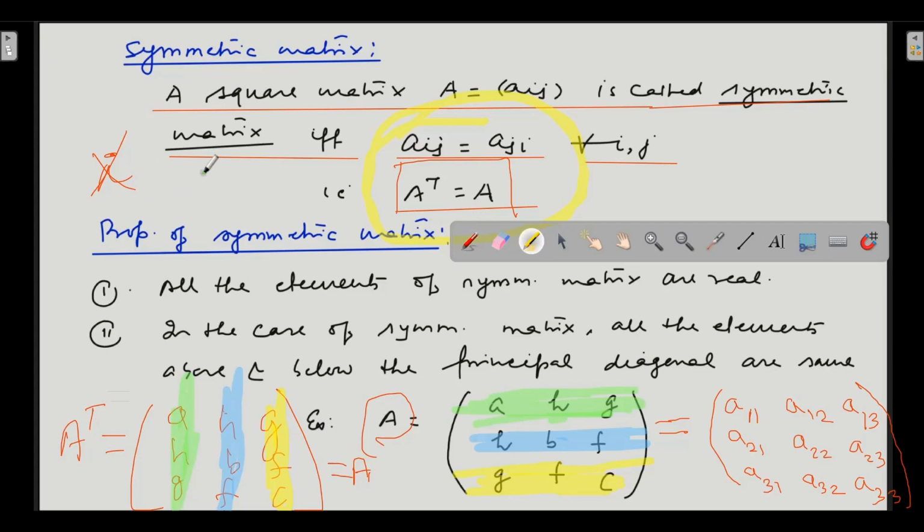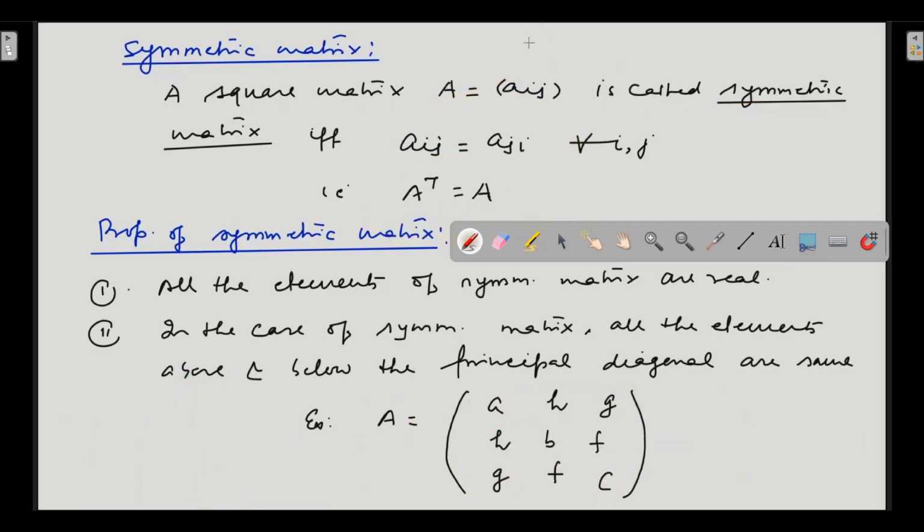The complex number iota in any of the terms is not allowed in a symmetric matrix. All the elements must be real. No complex number is allowed in a symmetric matrix.